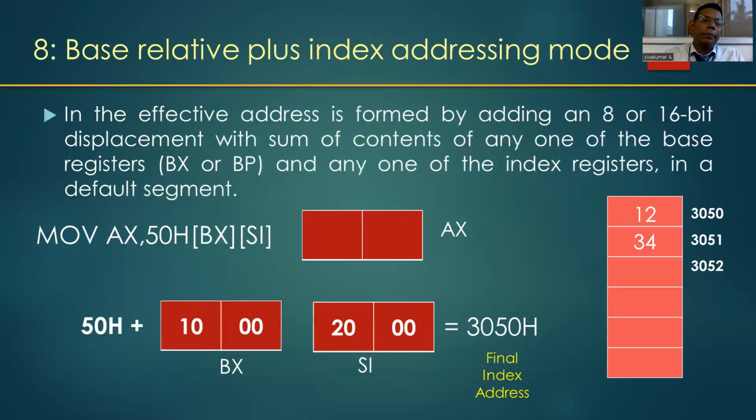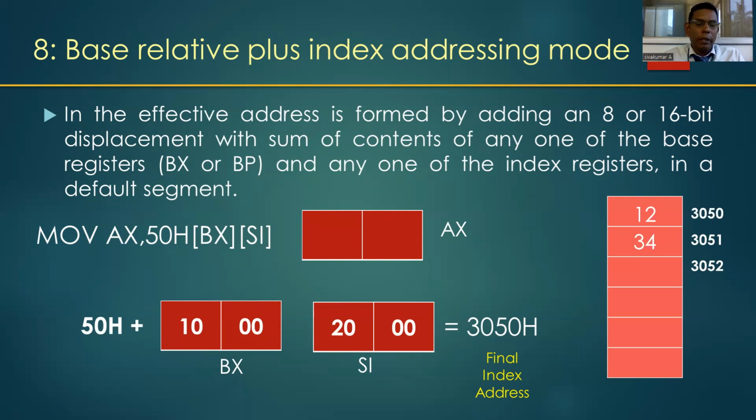The last one, base relative plus index addressing mode. The effective address is formed by adding an 8-bit or 16-bit displacement to the sum of the content of any one base register and any one index register in a default segment. So BX also contains an address, SI also contains an address.